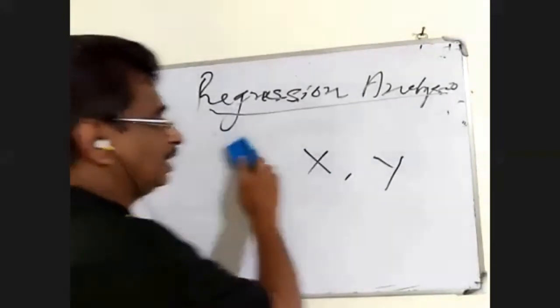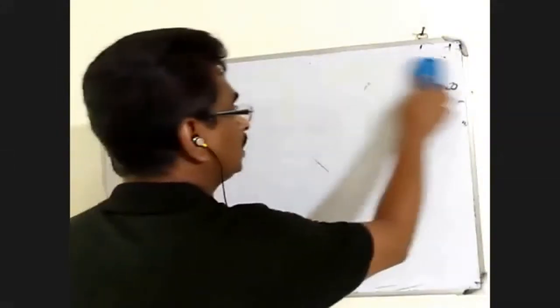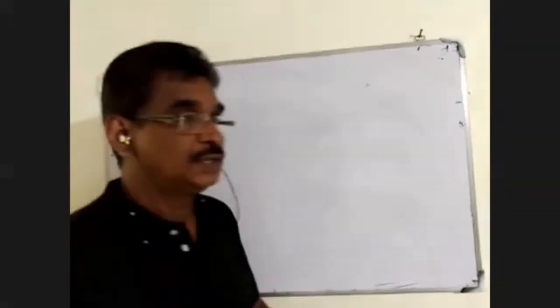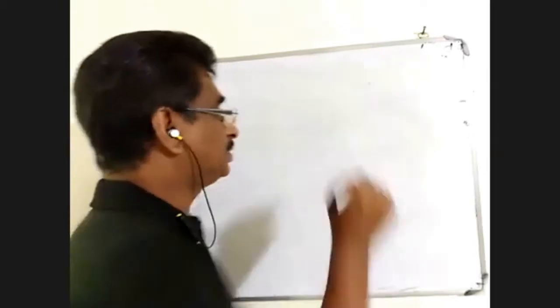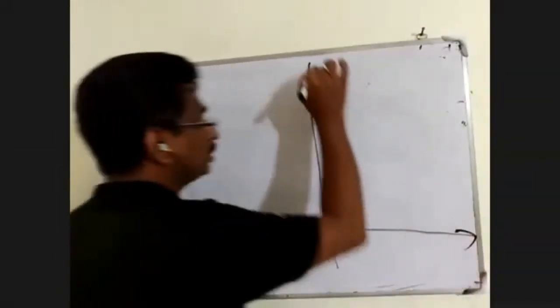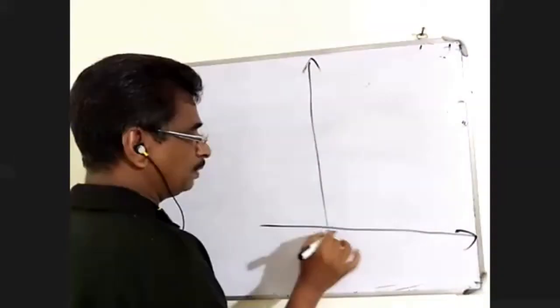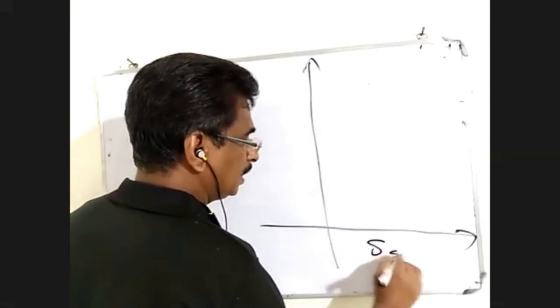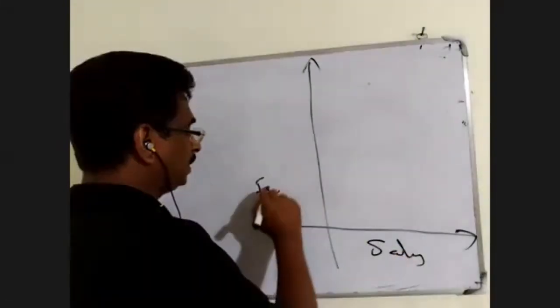Some difference is that we have to start with the scatter diagram. First of all, we have to draw the scatter diagram. With a scatter diagram, we can study the intensity of the relation or the direction of the correlation between two variables. We can take sales here and expenditure here.